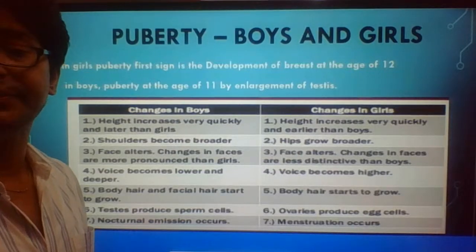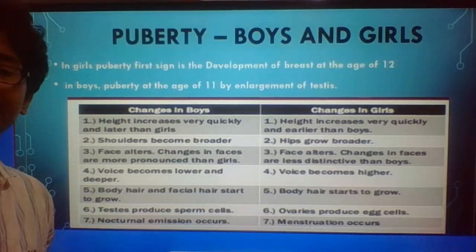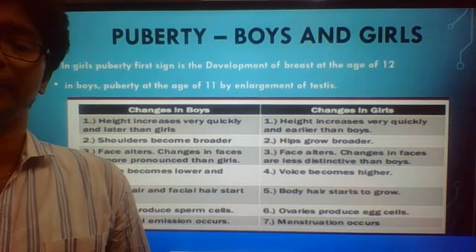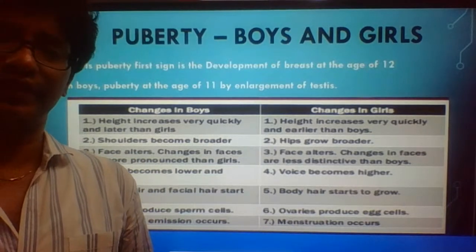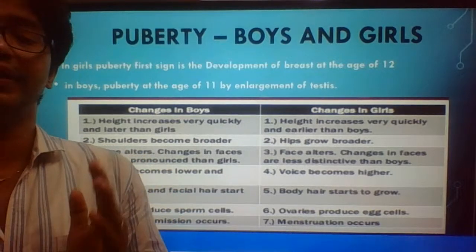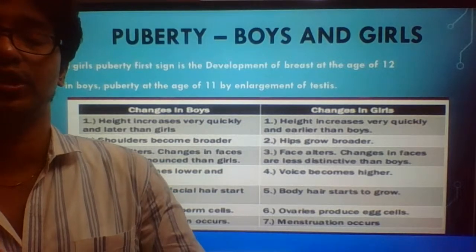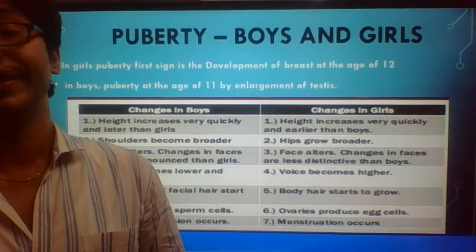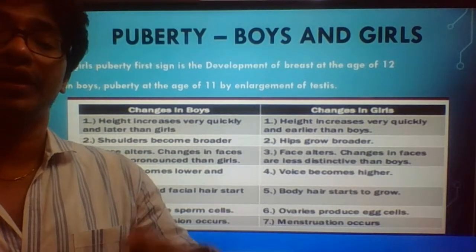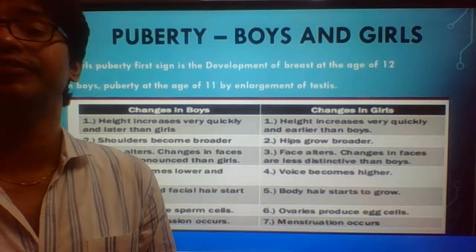Now, the difference between neonate and infant. A newborn is called a neonate, meaning a baby in roughly the first 6 months after birth.